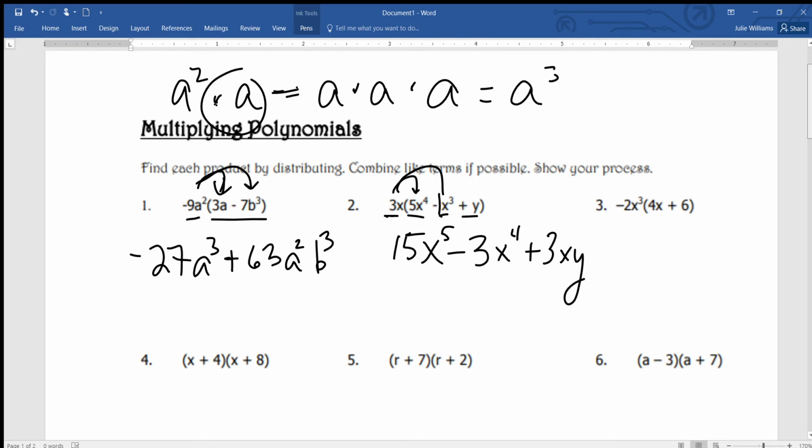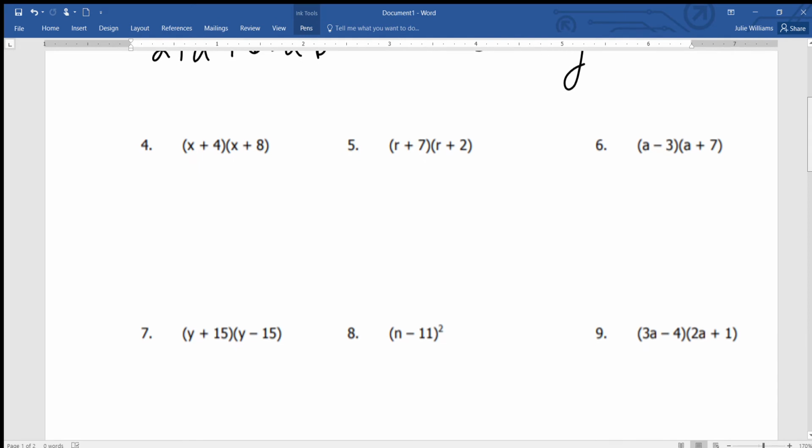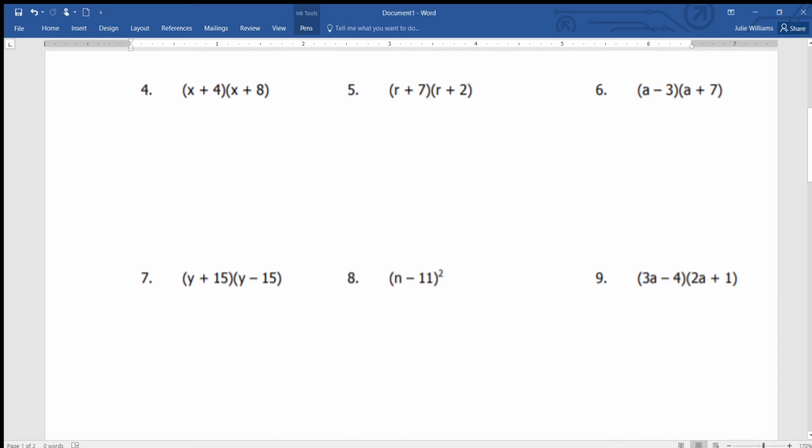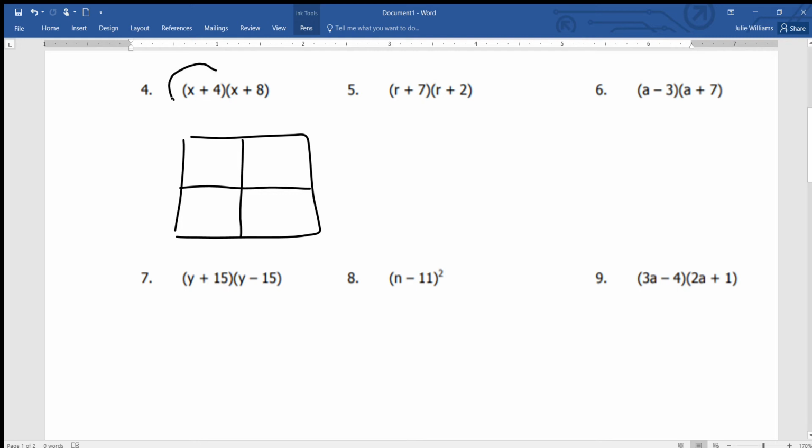We'll start with some simple binomial times binomial. I know we talked about this, and you had this stuff down, but I just wanted to review it. I showed you the box method. I don't like the one that some people call FOIL. That only works with binomials times binomials anyway. I think it's better to use distribution. So I'm going to take this expression and break it up into its two terms. First term is x.